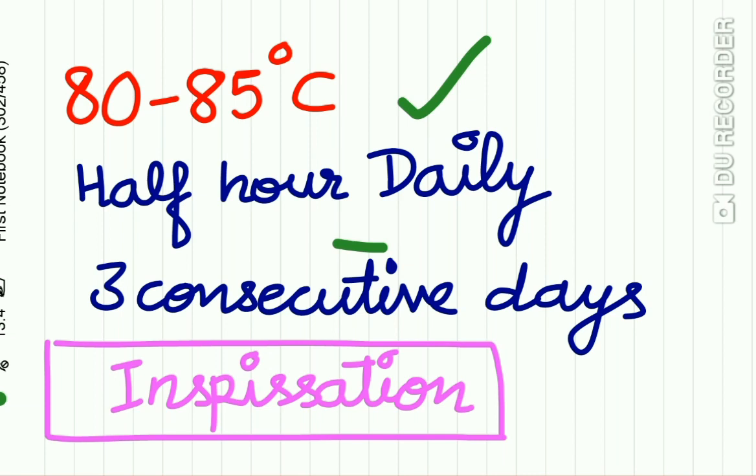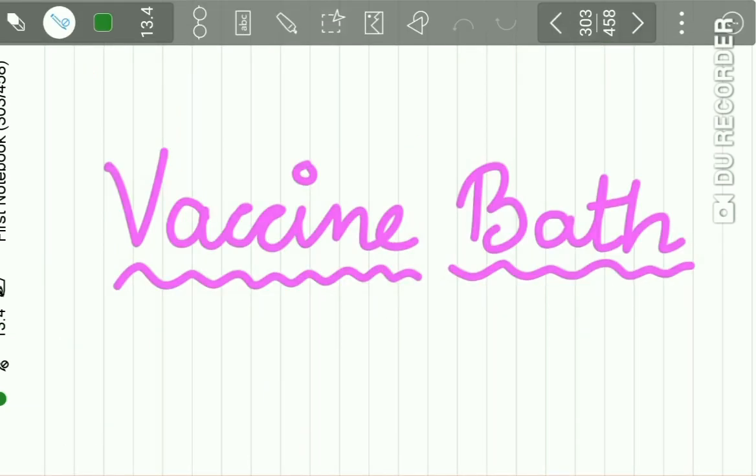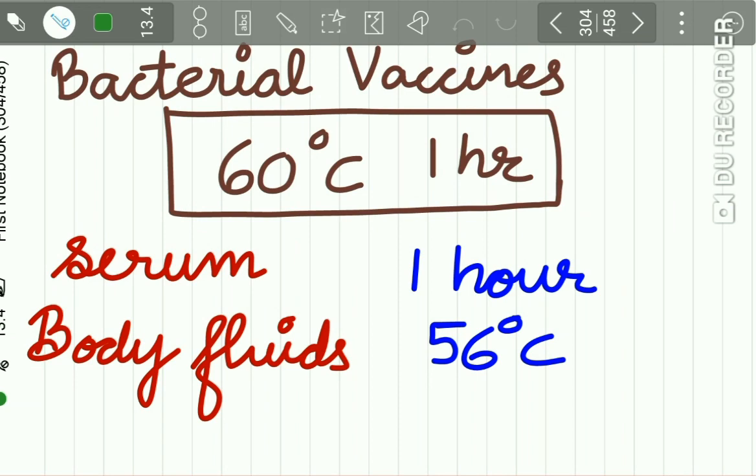This method of sterilization is called inspissation, and it is carried out in an instrument called an inspissator. So the Lowenstein-Jensen media and Loeffler's serum slope are sterilized at 80 to 85 degrees Celsius for half an hour daily for 3 consecutive days. Then comes the vaccine bath.